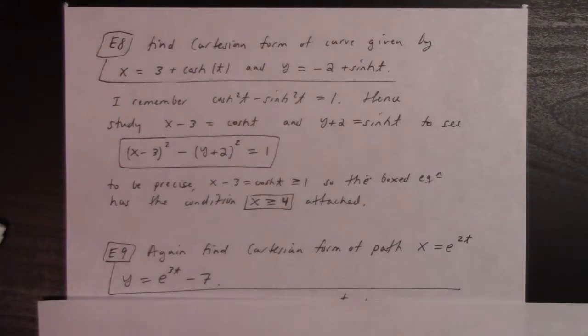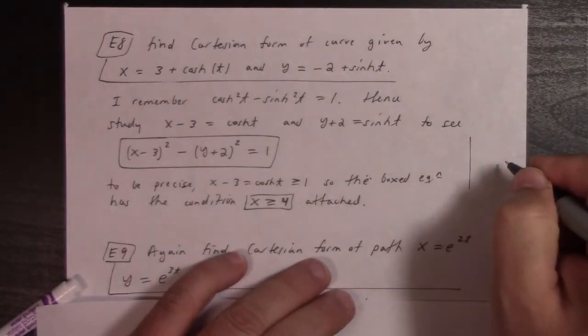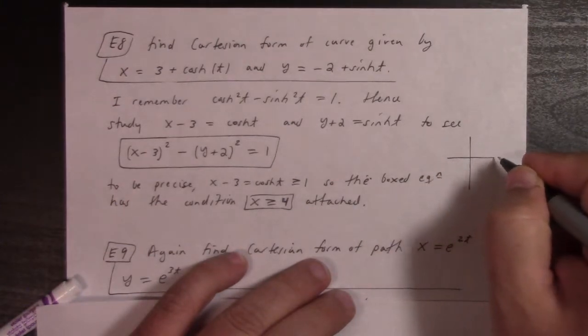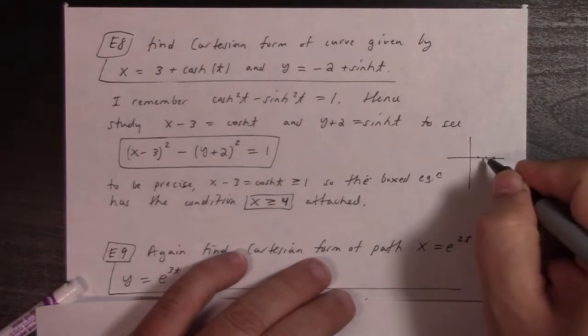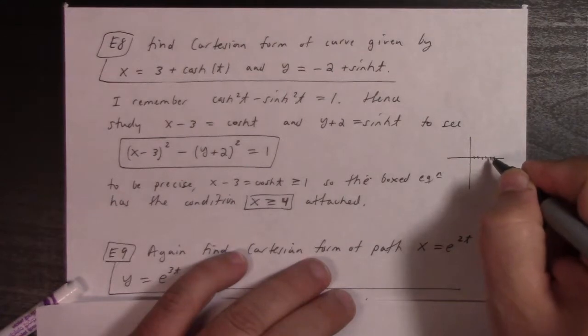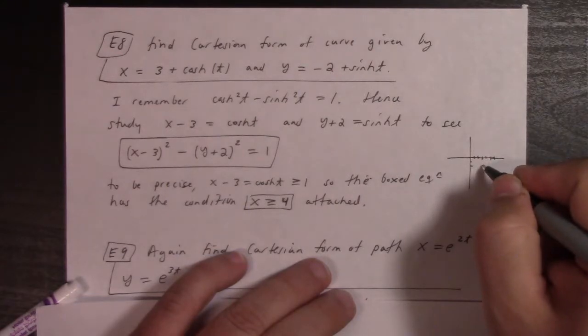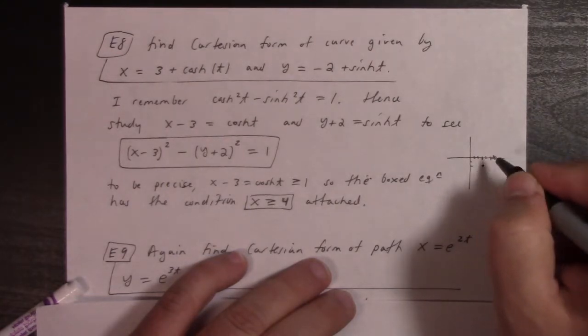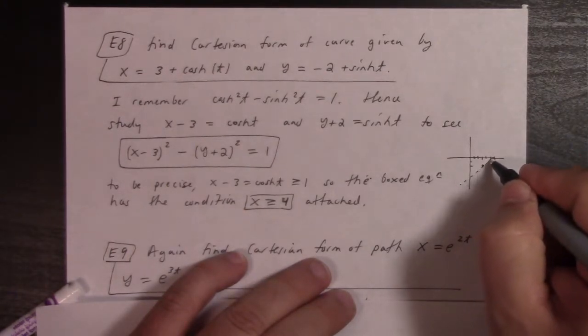And I guess I can add a picture here. So it's centered at 3 and minus 2. Let me make this smaller. So over 3, down 2, something like that is its center. I can tell it's got asymptotes with slope 1 just from eyeballing it.